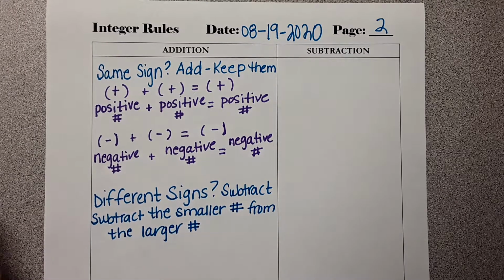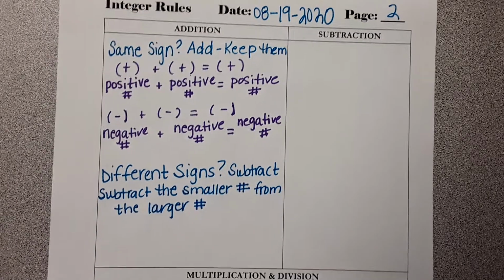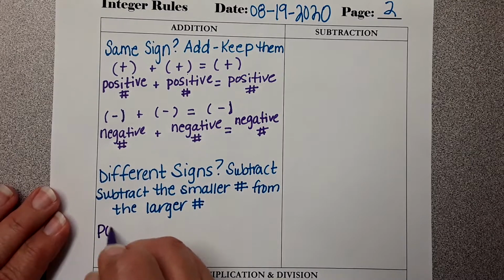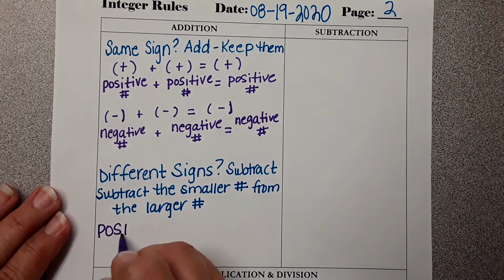Now let's see what that looks like. So what I do, you guys, is I'm going to write positive really big. So I'm going to write positive all in capital letters.